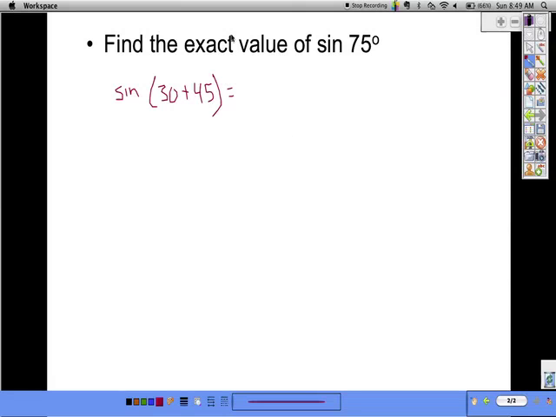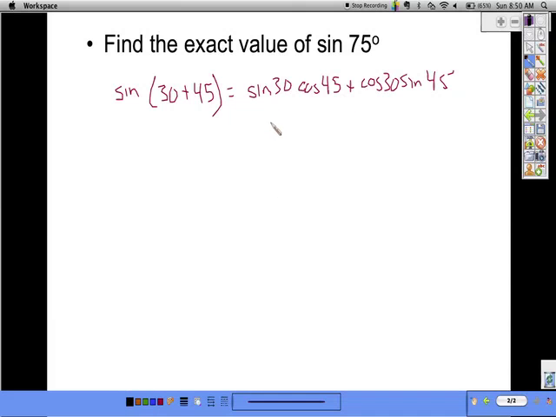So now I'm going to expand this using my sum identity for sine. Sine 30 cosine 45 plus cosine 30 sine 45. And now those are all things that I know the exact values for.